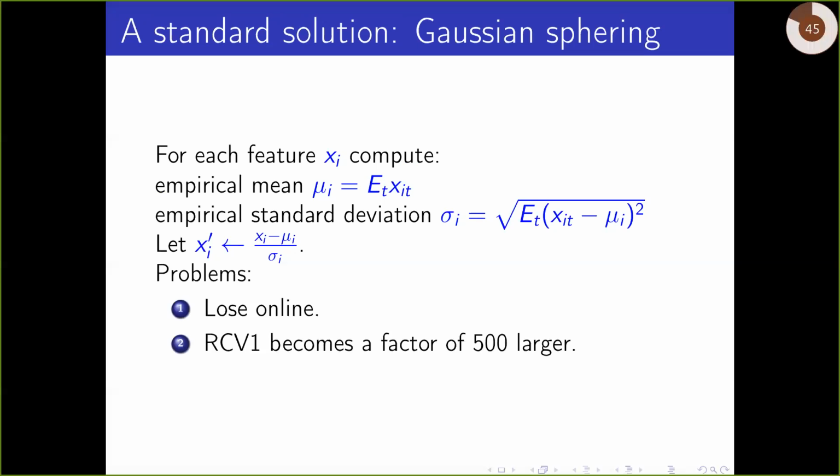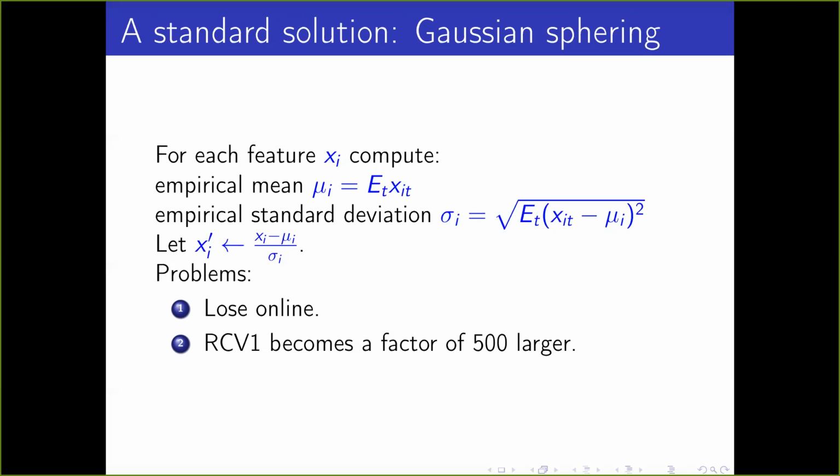But you kind of lose the online structure of your solution, which is a bit painful. And if you have a sparse data set, it blows things up enormously. Right? So for RCV1, it'd become a factor of 500 larger. So you'd be looking at a 500 gigabyte data file rather than a 1.1 gigabyte data file. Right? So that's kind of awkward.